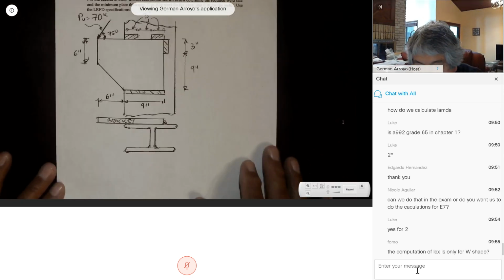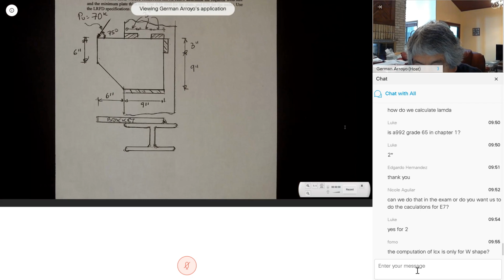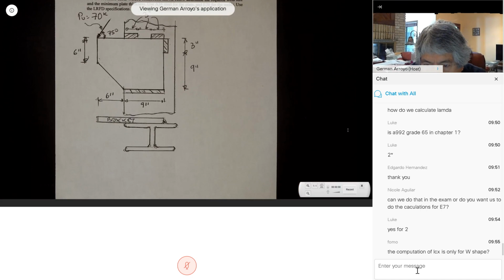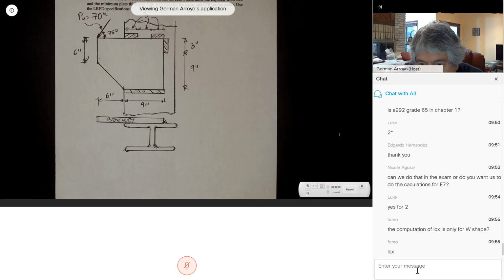It's only the combination of LCX is only for the Y shape. The computation of, no, LCX or LCY? What do you mean LCX? Or LGX or LGZ?